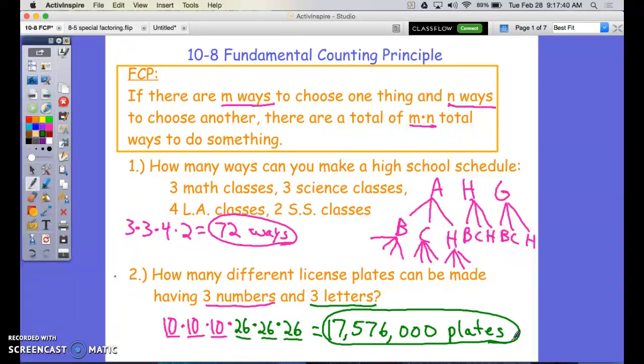So remember, the key thing about this problem is the numbers 10, 10, 10 stayed the same. So you're going to see an example in a second here about problems where the 10 might change to something else based on the fact that you cannot repeat. But as you know, with license plates, you can repeat. Your license plate at home might have the letters AAF and then 994 in it, whatever it might be. A lot of states have different regulations, but this is just an example of one that would work. So lots of different combinations of plates that we could come up with.